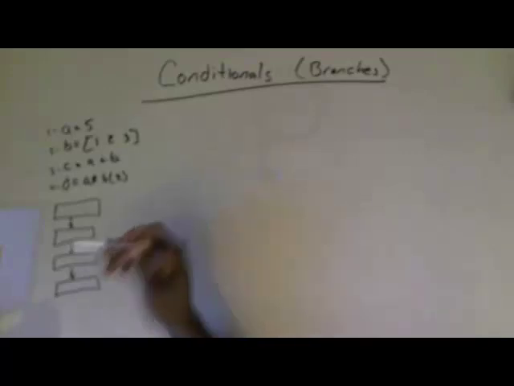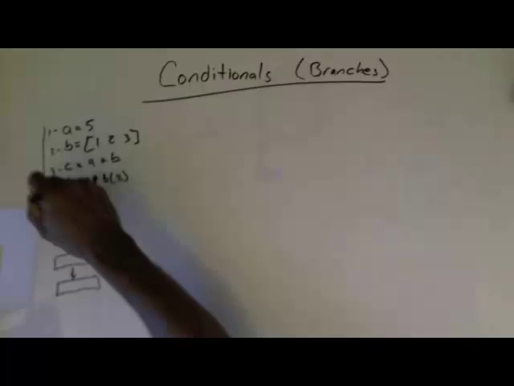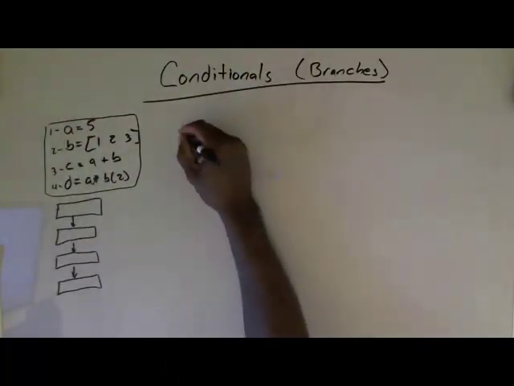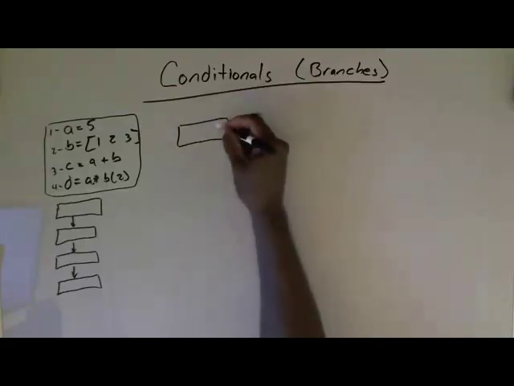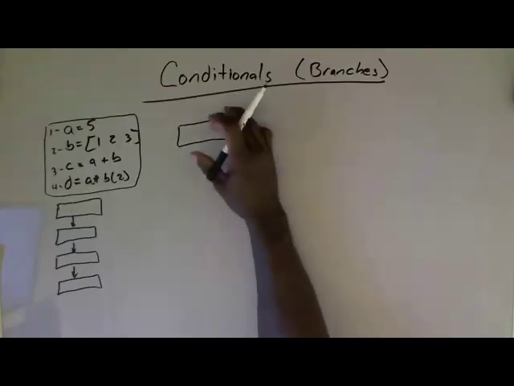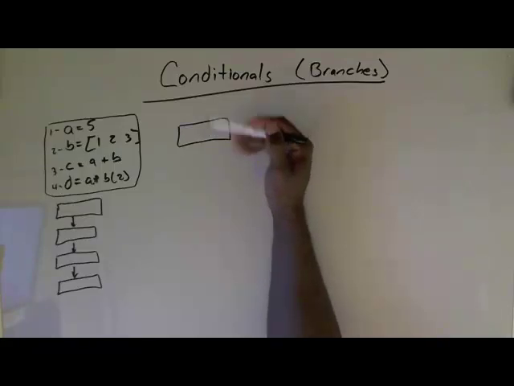And I'd also like to point out, let's say I didn't want to write this like this and I wanted to group all this together. I group it together in something called a code block. So when I draw these rectangles, they may have one line of code in them, they may have 2 lines of code in them, or many, but this represents a block of code, lines of code that are being executed sequentially one after the other.